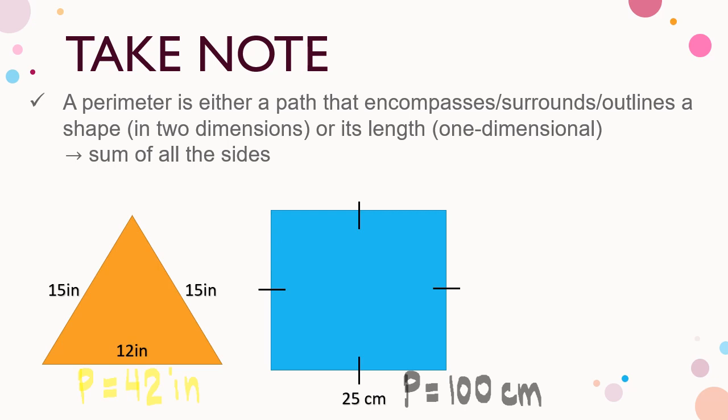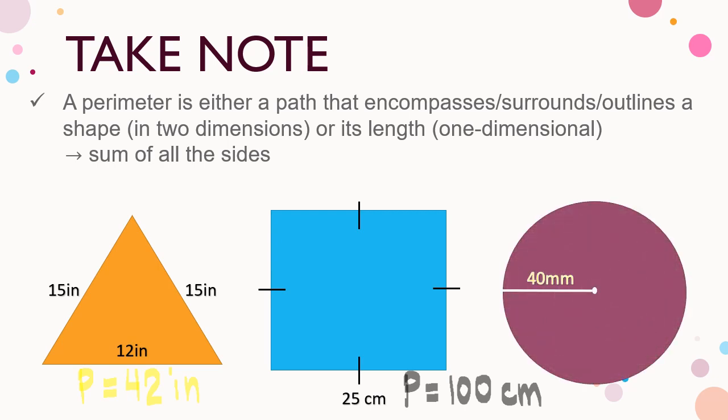So not all the times we are dealing with shapes with sides. Sometimes we deal with circles. Now, of course, based on the description of perimeter, it is a path that encompasses or surrounds, so if we're going to look at a circle, we can also have this outline that surrounds the given circle, right? So that means we also have the idea of perimeter for a circular object.